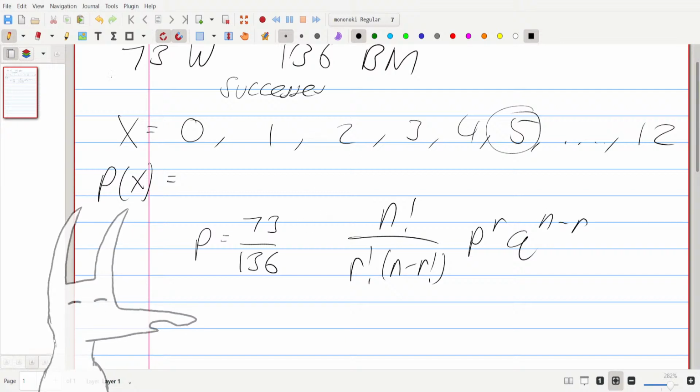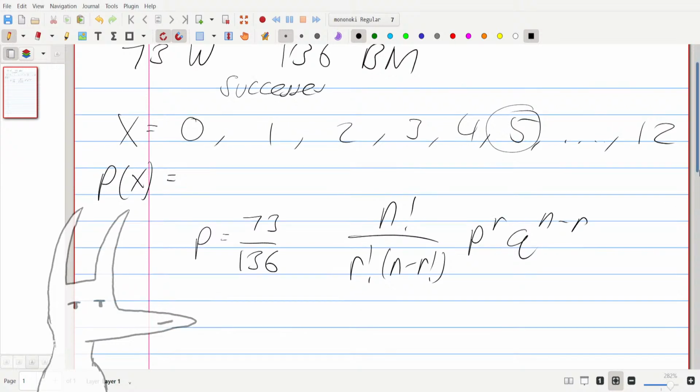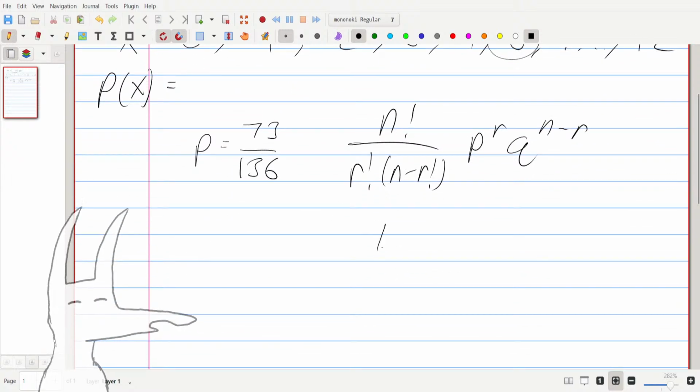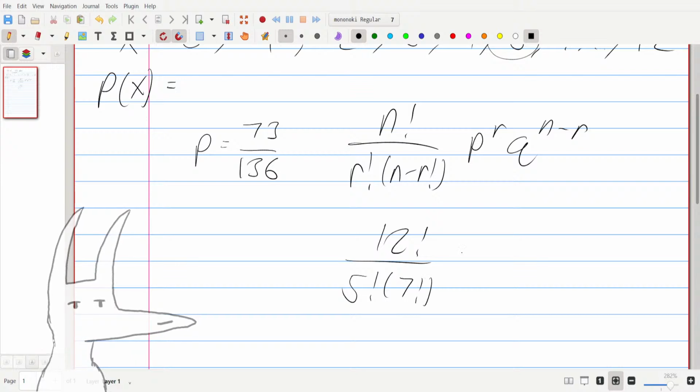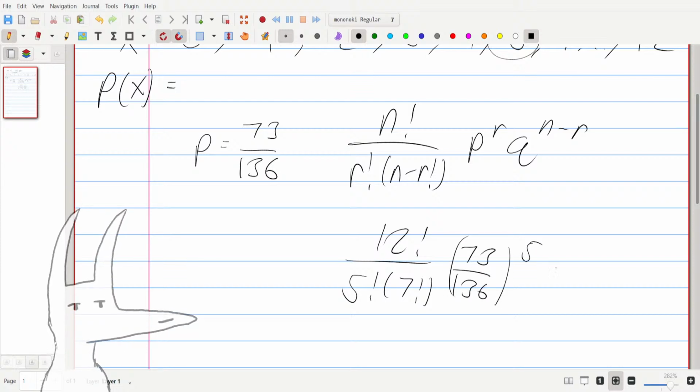N is 12. That's 12 factorial. R is 5. So 12 minus 5 is 7. P is 73 over 136, to the power of 5.